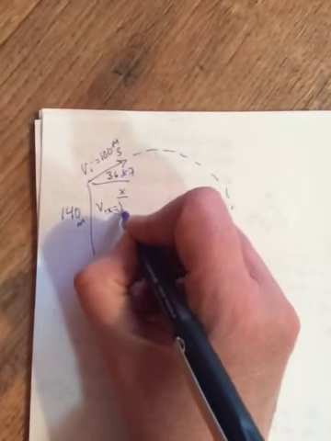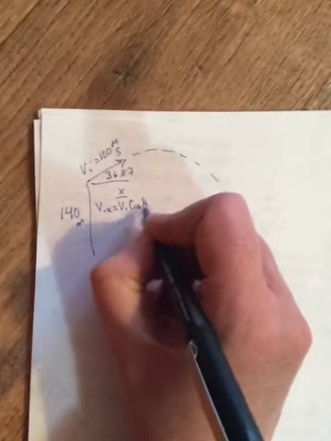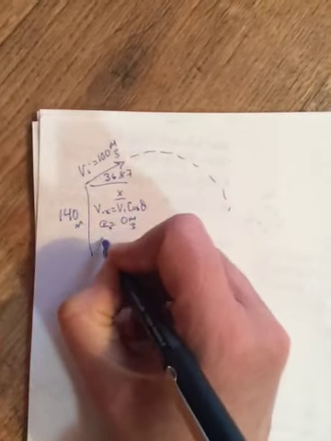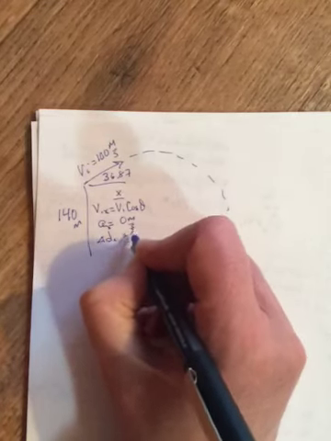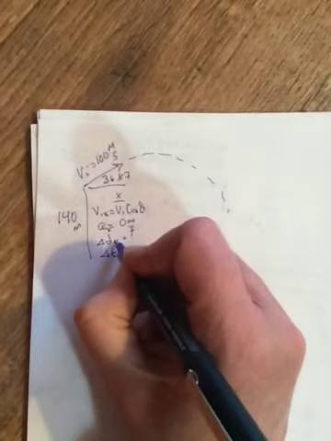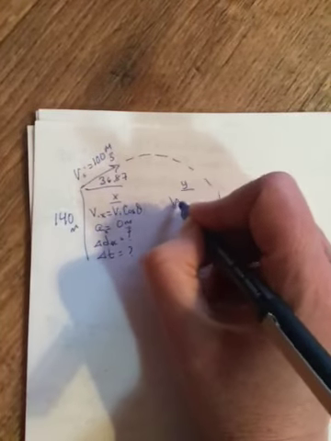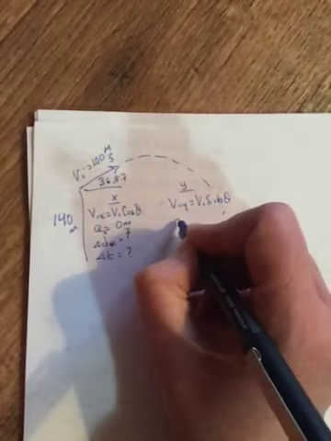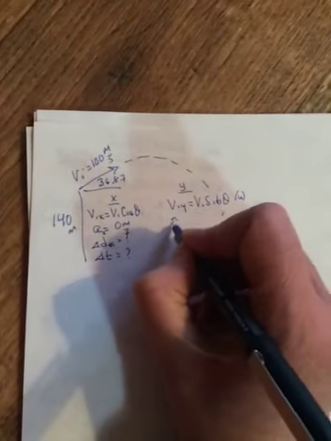So VIX is VI cos theta, which we can find. AX is 0. One of the questions asks for delta dx, and another asks for delta t. In the y direction, VIY is VI sine theta, and it's up. We can find it.